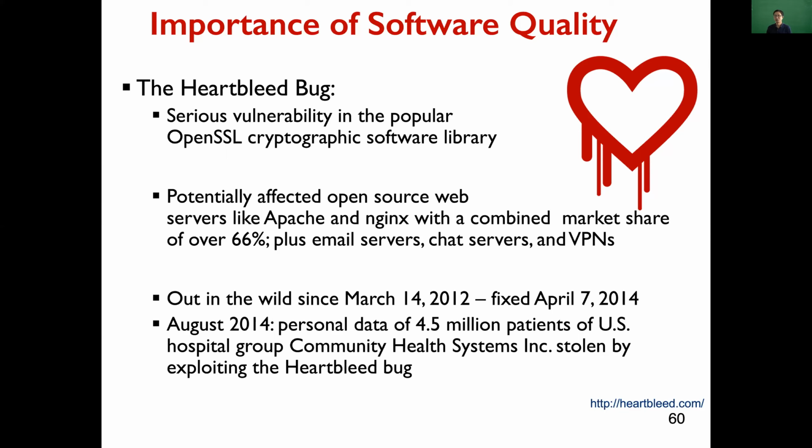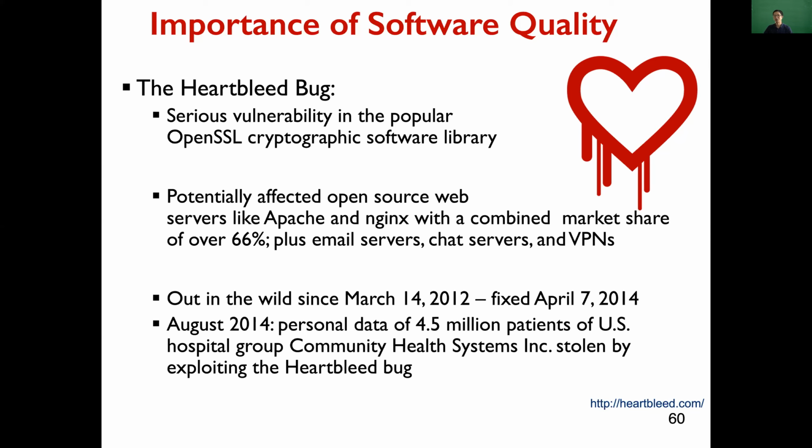On average, these web servers account for over 66% of the market share. So the failure in this library impacted the normal working of over 66% of the web servers.